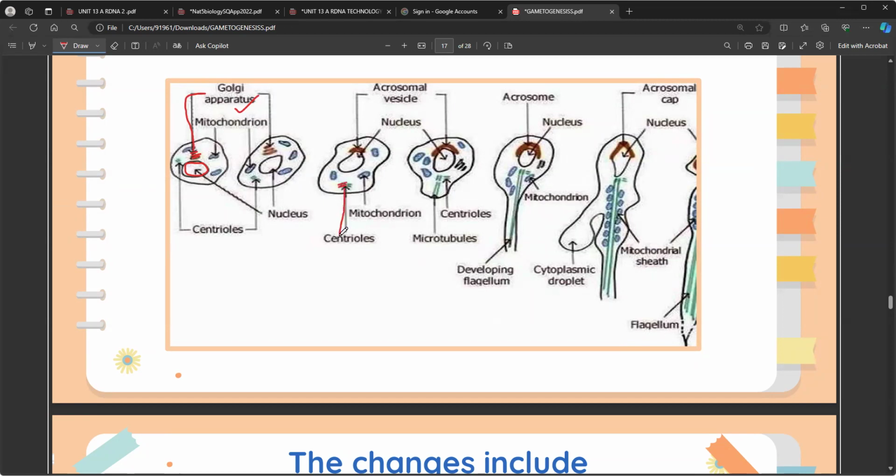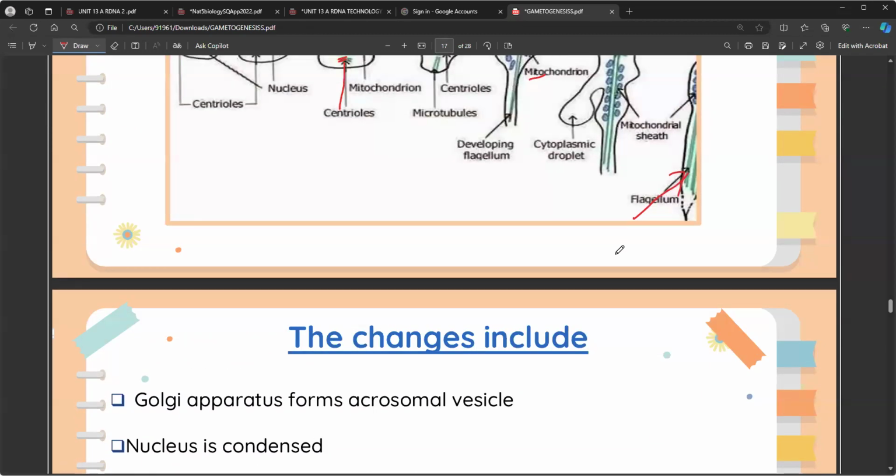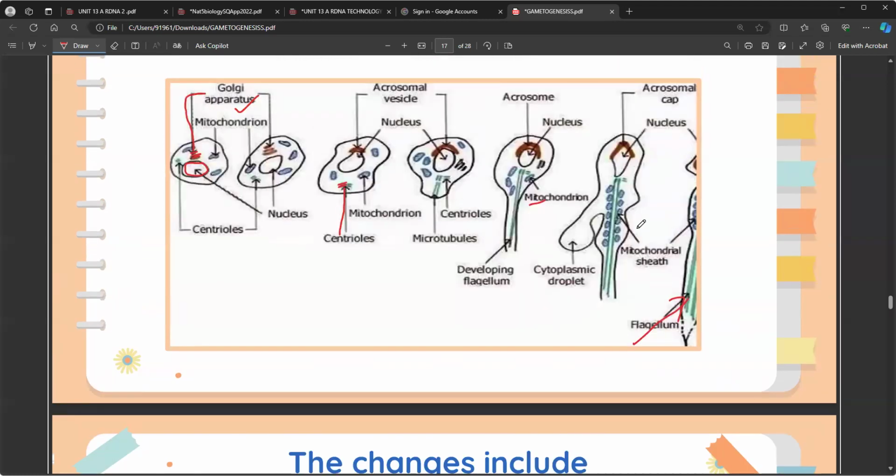The neck, which is made up of centrioles. Next, the middle piece contains mitochondria. And what is the tail made up of? The tail is made up of the flagellum. Now I want you to remember a very important statement here.